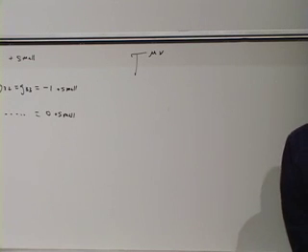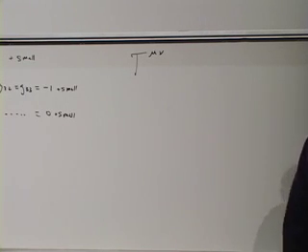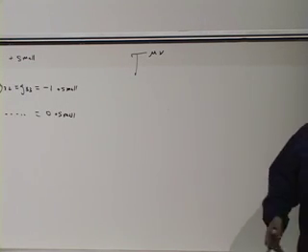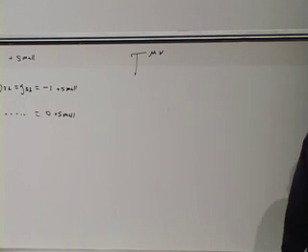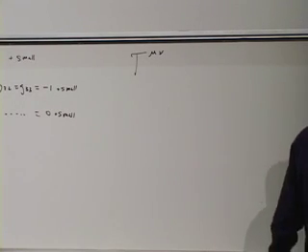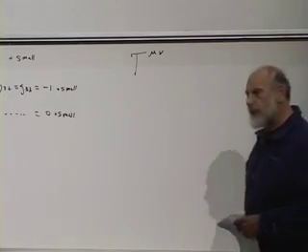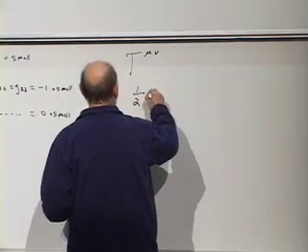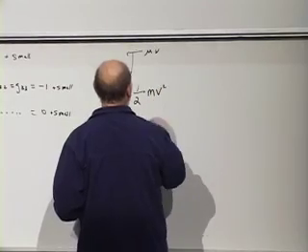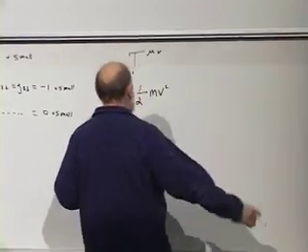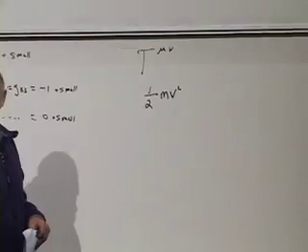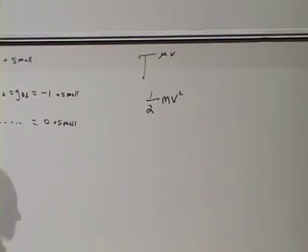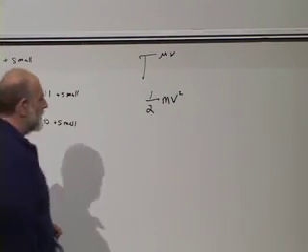So let's begin with the ordinary energy of a particle. What's the energy of a particle of mass m in free space? 1/2 mv squared. And remember, v is small. What's the momentum? mv.